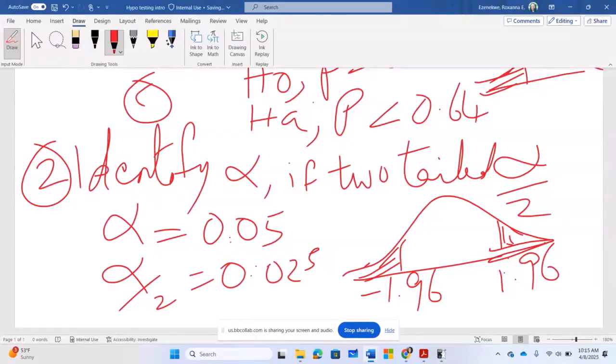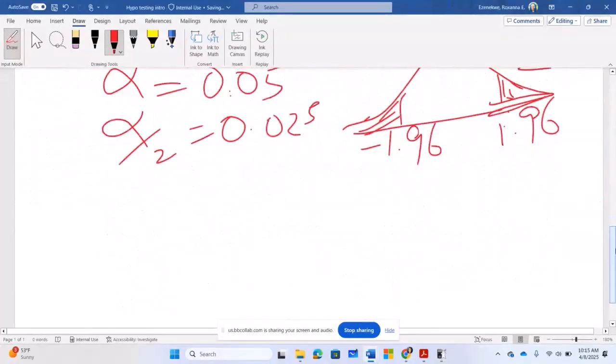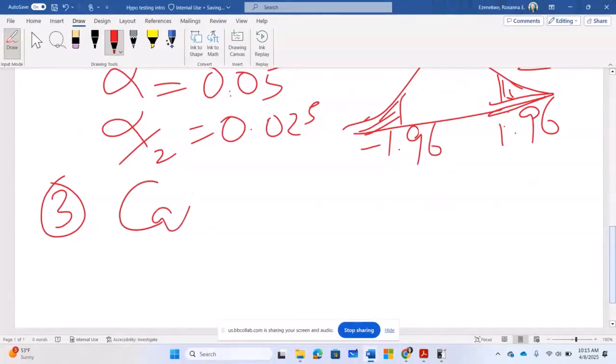The next step is step 3. Everybody should know the 5 steps. Now that you have alpha, you calculate the critical value, CV, from your alpha.